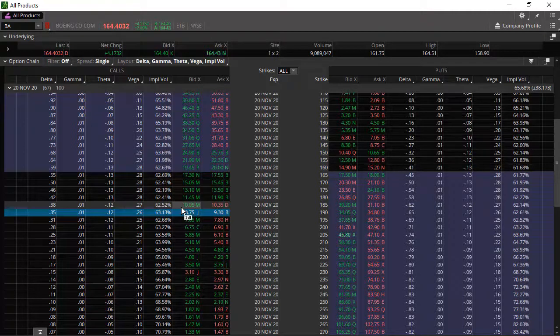So, good question. There's two ways that you can do a diagonal. You can do a diagonal when you put it on, which is where at the same time that you buy your long call, you go out to another month and further out of the money, and you sell one against it right then. And that's how you can do it in your platform, to buy a diagonal right then.